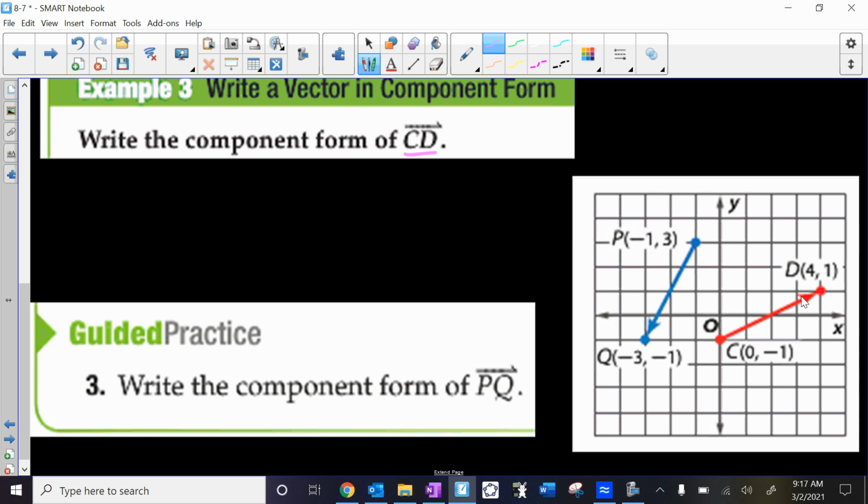So to do this, we're going to take our terminal, which is D, minus our initial, which is C. So we have our x2, which is 4, minus our x1, which is 0, comma, our y2, which was 1, minus our y1, which is -1.